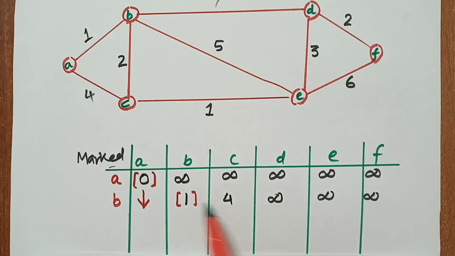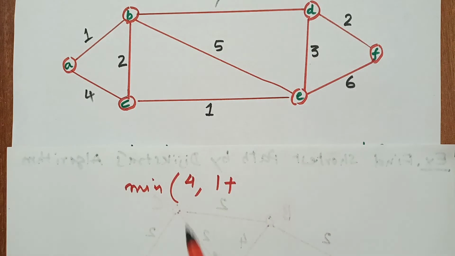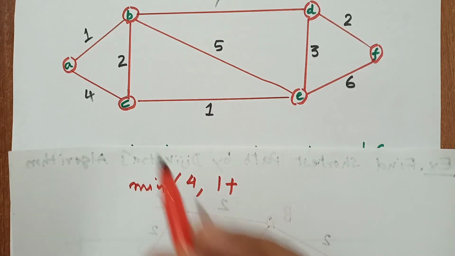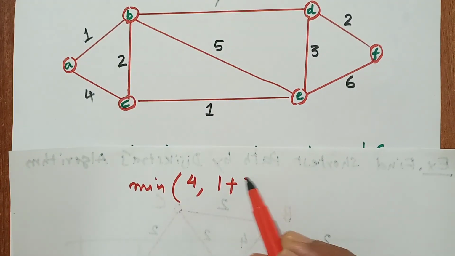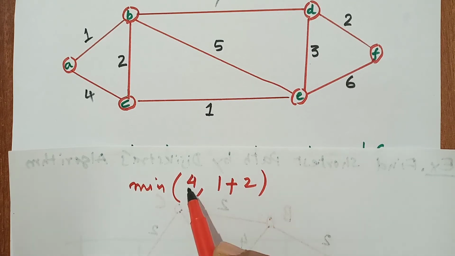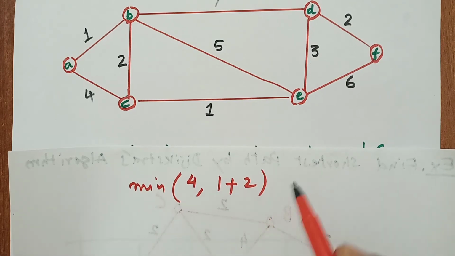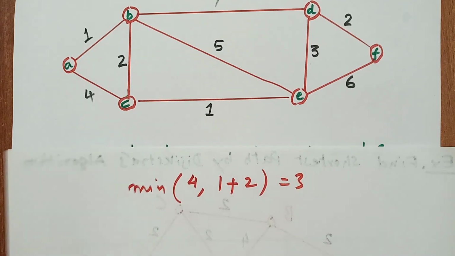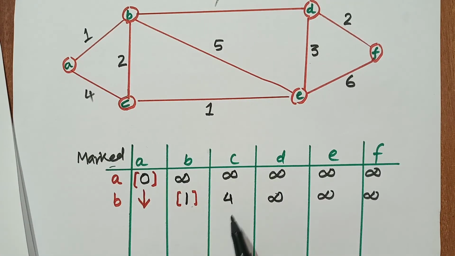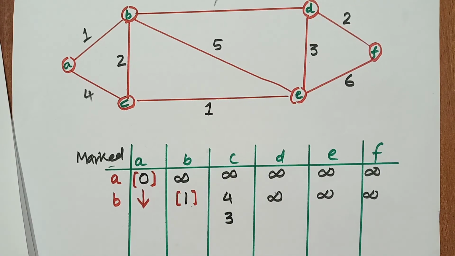What is the marked value? 1 plus the weight. So weight is 2. So 2 plus 1 is 3. So minimum of 4 and 3 is 3. So here we will write 3.